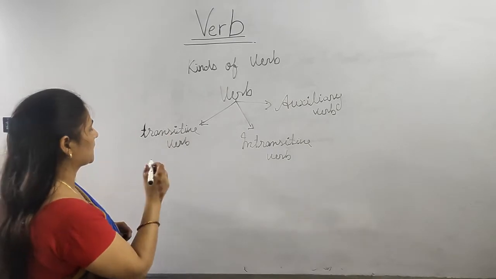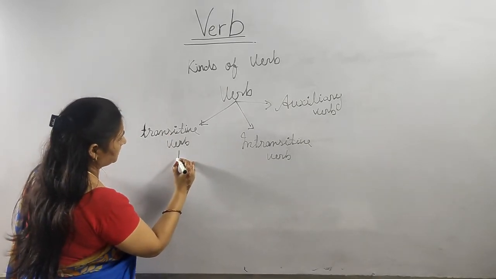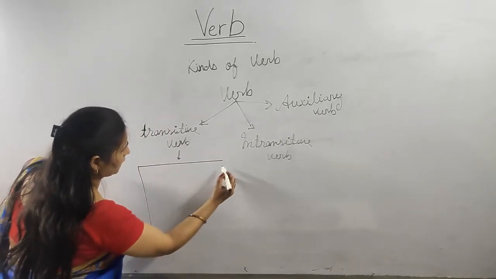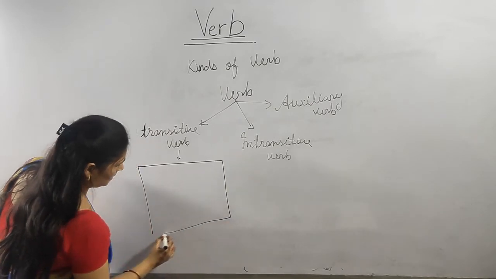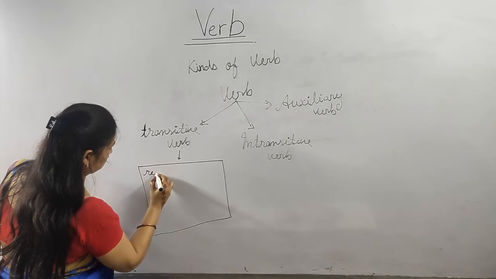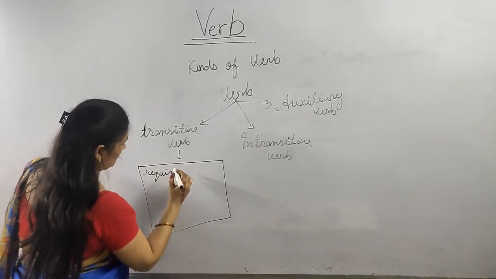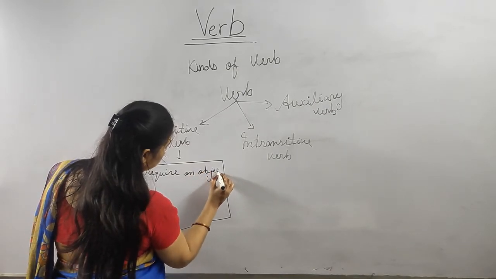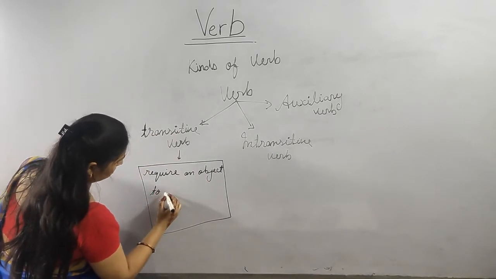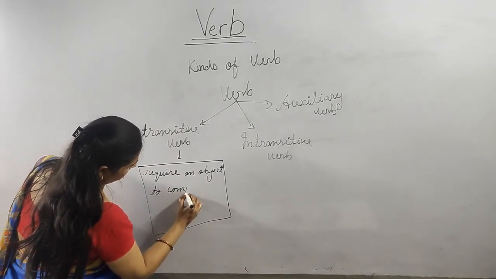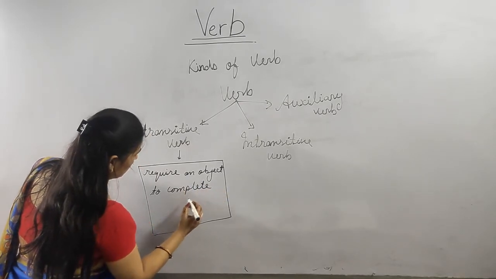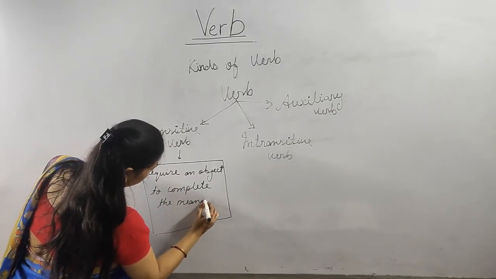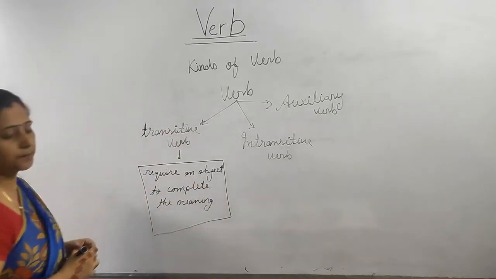Transitive verb requires an object to complete the meaning.